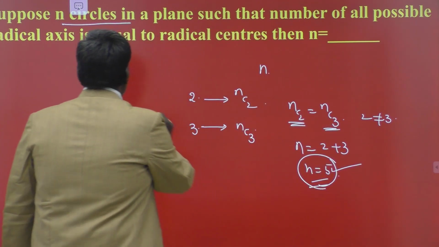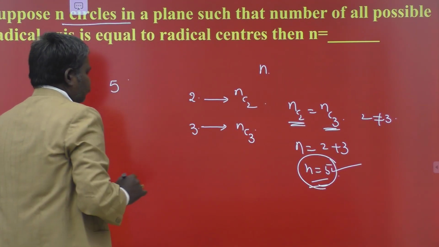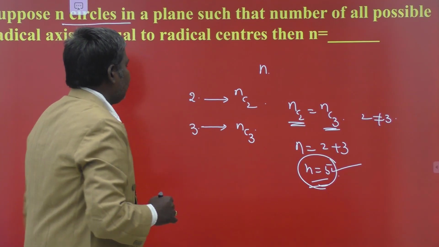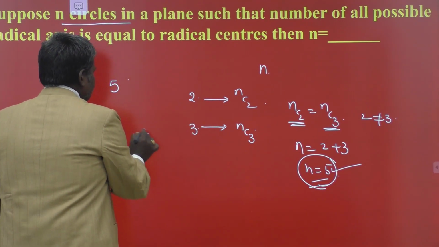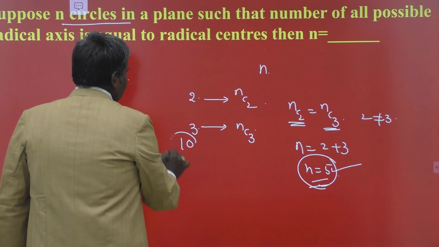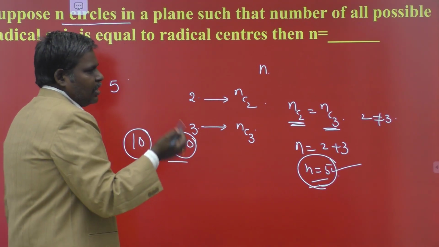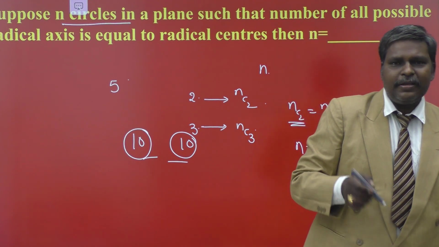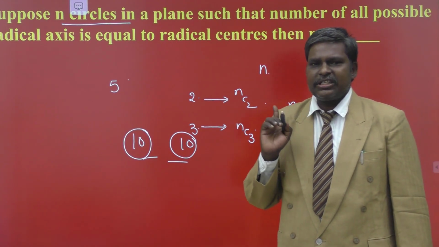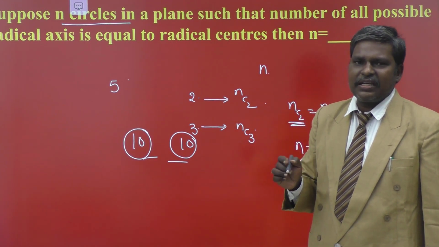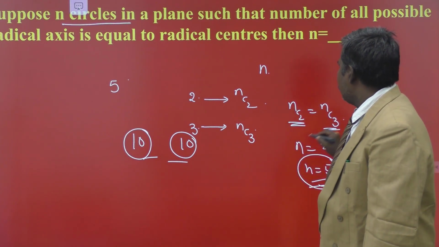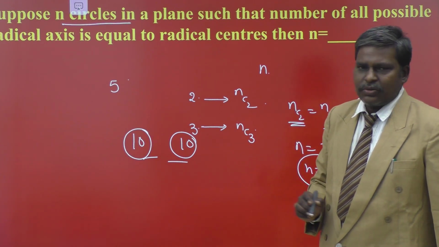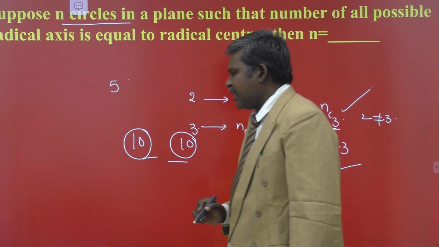So if you take 5 circles in a plane, you have 5C2, that means 10 radical axes and 10 radical centers. For every 2 circles there exists 1 radical axis, for every 3 circles there exists 1 radical center. We equate them: nC2 equals nC3, and we get the value of n as 5.